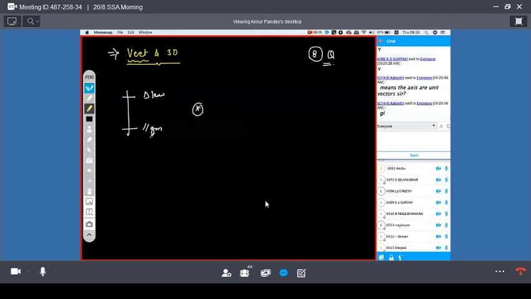Clear? You know, either you go for triangle law or parallelogram law of vector addition. The addition of the two vectors as far as their magnitude is concerned is given by a square plus b square plus 2ab cosine theta. If I want to subtract them, I just change this to negative, right or not?